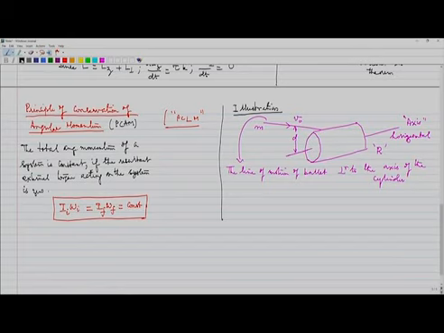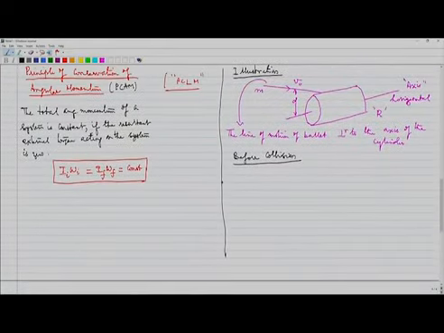So before collision, only the bullet is moving.